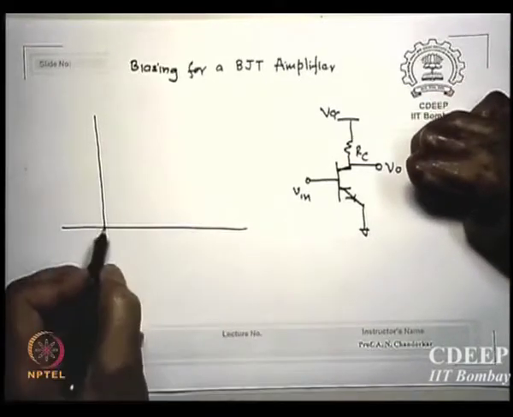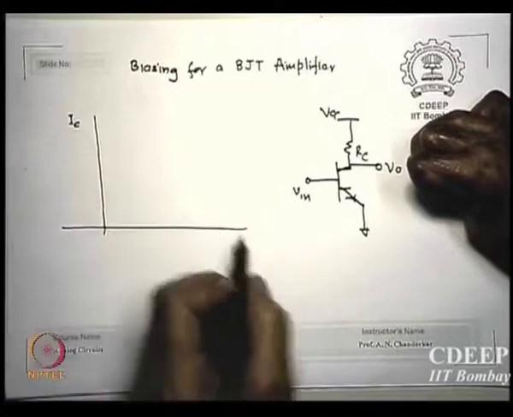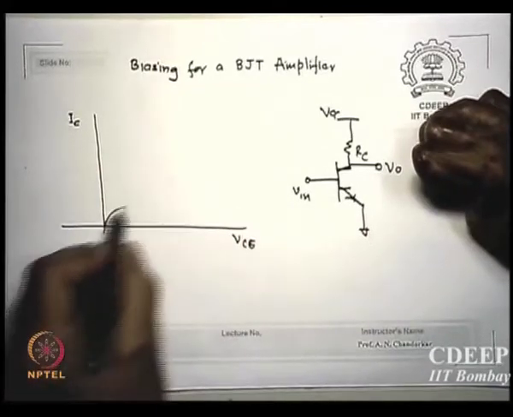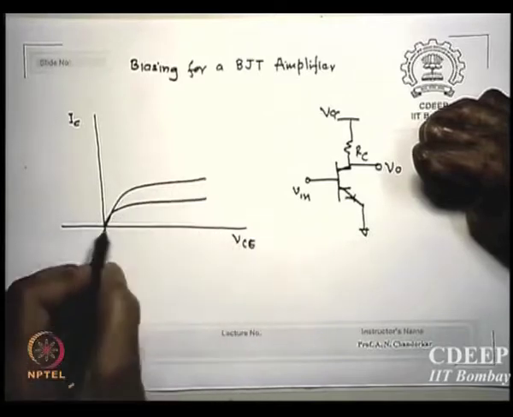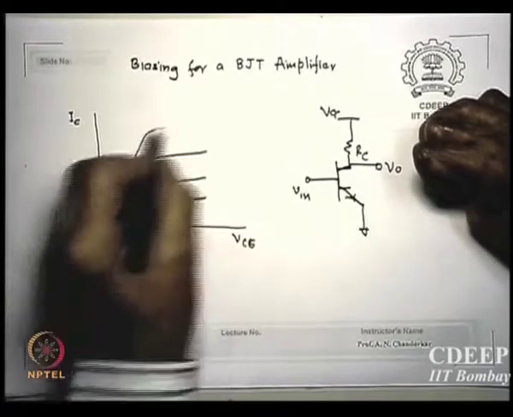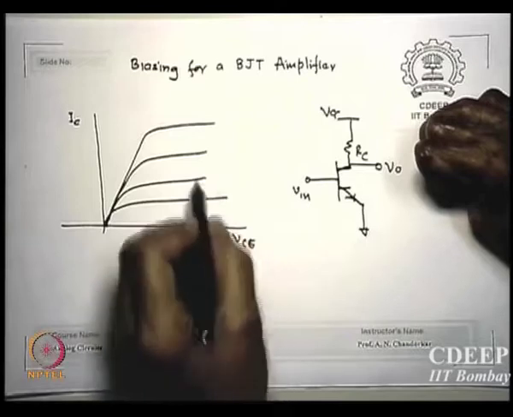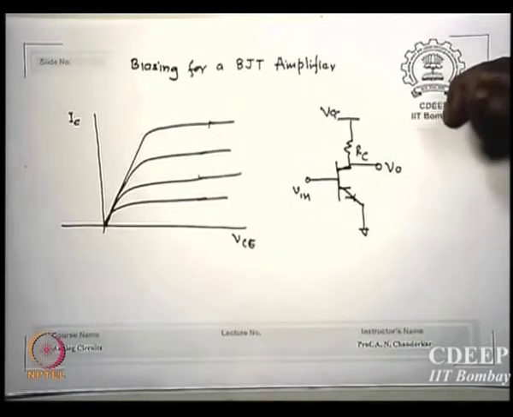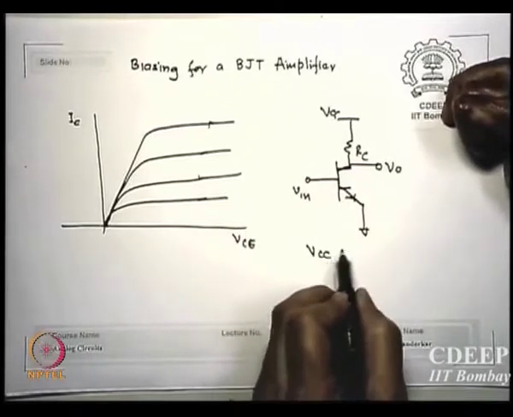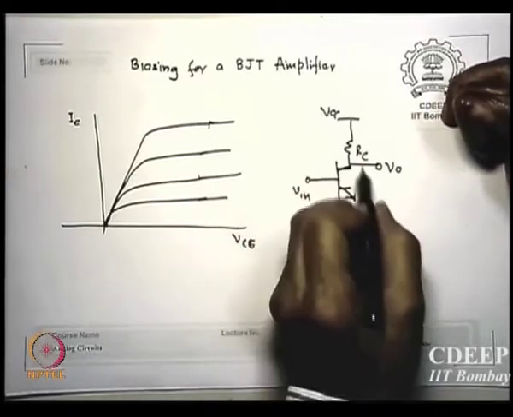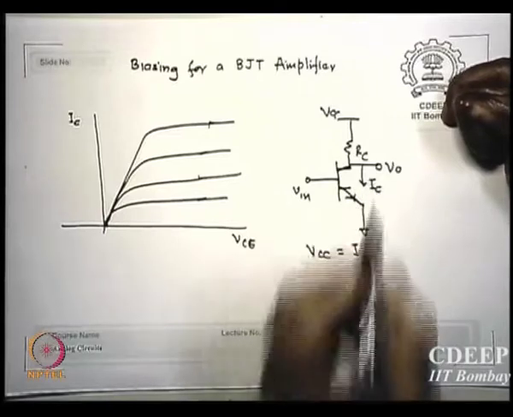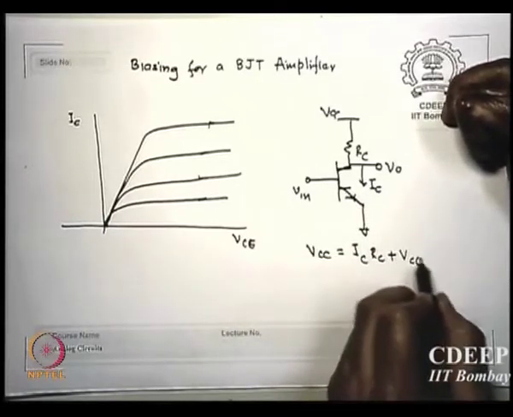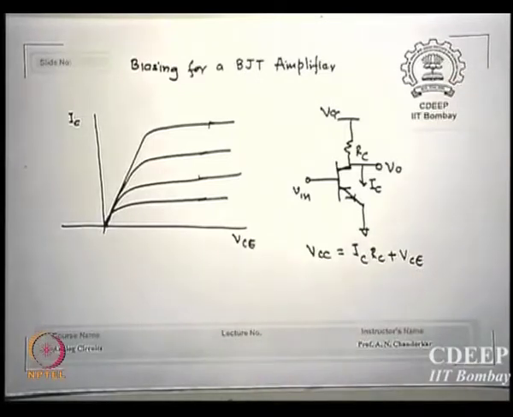So if I draw the characteristics IC versus VCE, which is nothing but V0, and if I write this equation, VCC is equal to IC RC plus VCE, this is a straight line.